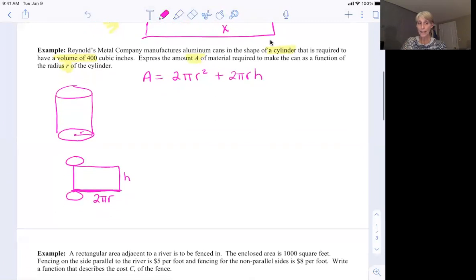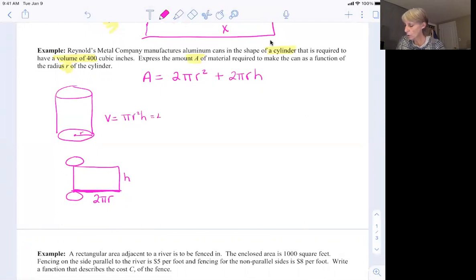So I go back into my given information and they told me that the volume of this can, okay, and the volume of a cylinder is the area of the base, pi r squared times the height. And this is equal to 400. So if I solve for h, I get that h equals 400 over pi r squared.